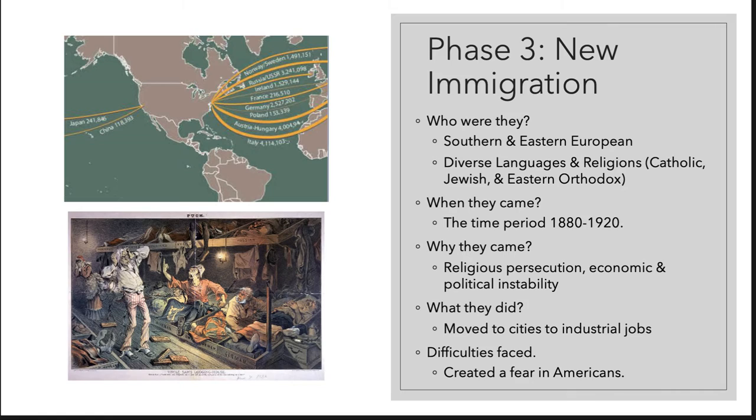So this group, more so than any other group, faced extreme difficulty. I also want you to think now, at this point in time, the United States has been its own country for over 100 years. Many in America have rooted themselves in this American culture. We have built a background, we have built a story as a nation.